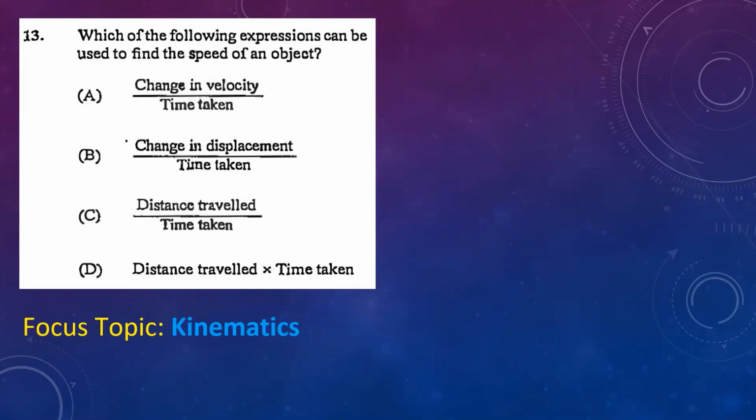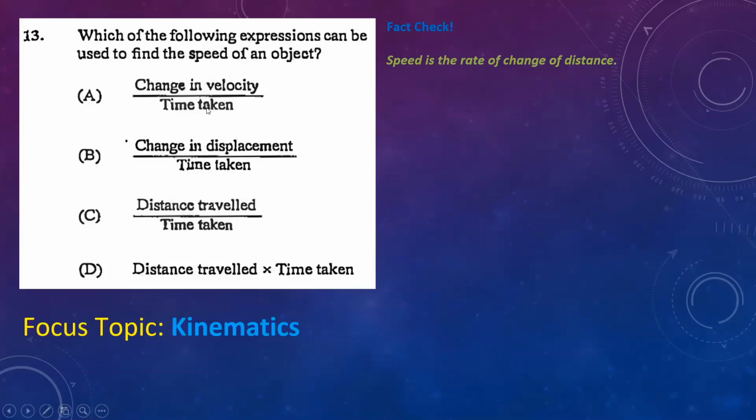Number 13, which of the following expressions can be used to find the speed of an object? You know that speed is the rate of change of distance, and therefore the answer is C, distance traveled divided by time taken. We can look at the other options.